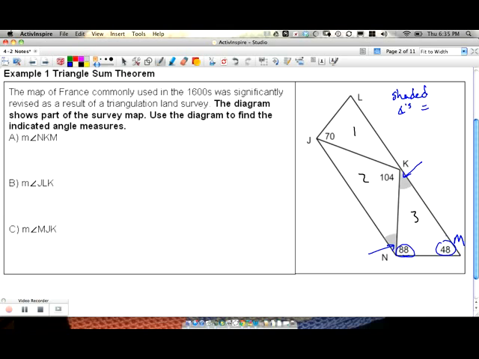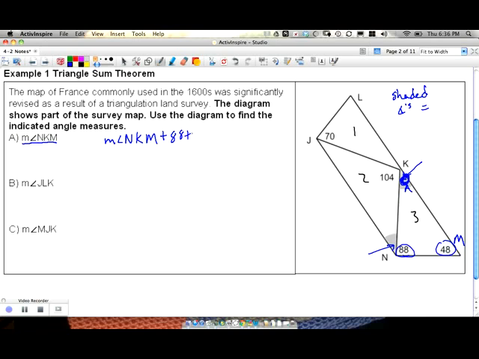So in part A, when I'm trying to find the measure of NKM, which is this one right here, I know that the measure of NKM plus 88 plus 48 equals 180.